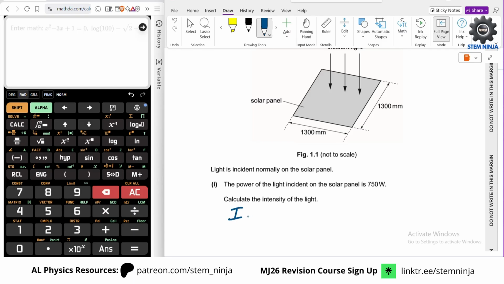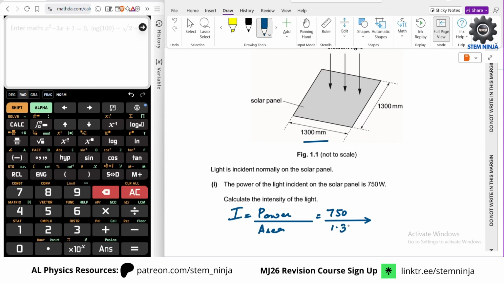Now we know the intensity is power incident over the perpendicular area. So power is straightforward, that is already given, 750, but the dimensions for the area are given in millimeters, so we have to convert it into meters.